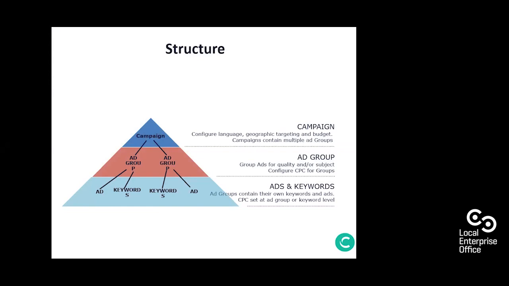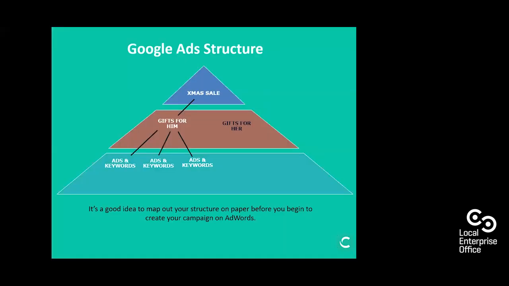So you have a campaign level, then you have an ad group level, and then underneath the ad group sit your ads and your keywords. So what does this look like in reality? Here's an example of an online or even a traditional retailer. Their campaign could be a Christmas sale.